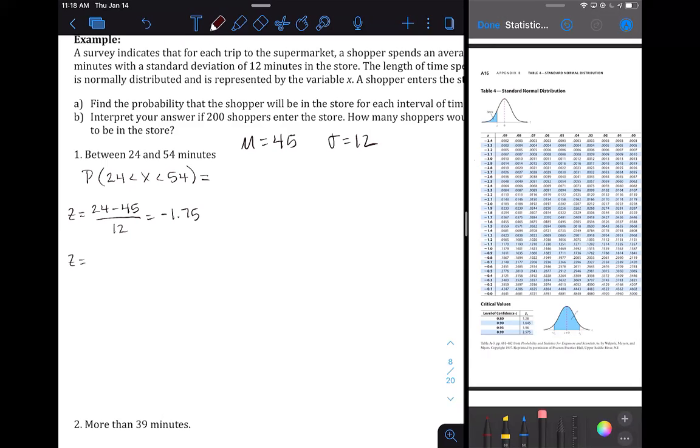So z equals 54 minus 45 divided by 12, and we get 0.75. So we can rewrite our probability statement to now be the probability that our z-score is between negative 1.75 and 0.75.